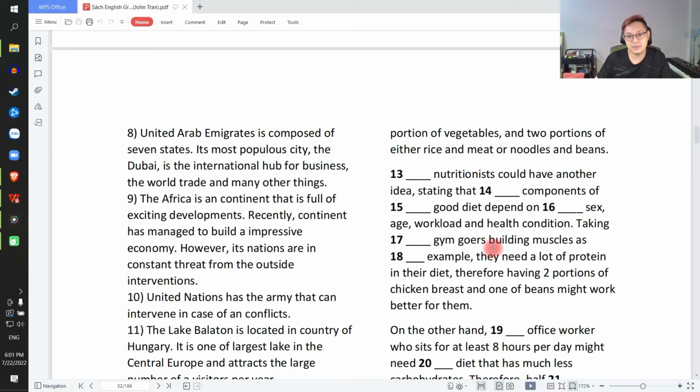Taking gym goers building muscles as an example, they need a lot of protein in their diet. Therefore, having 2 portions of chicken breast and 1 of beans might work better for them.